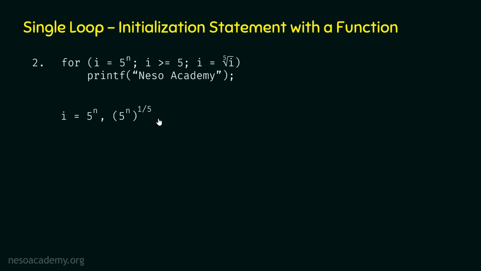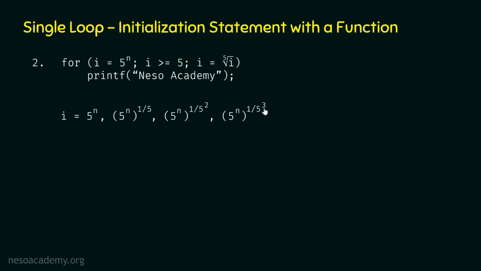The third value of I is 5 power n to the whole power 1 by 5 square, because this time we took the fifth root of this value of I. And we got this value. This is the value of I in the third iteration. In the fourth iteration, we will get 5 power n to the whole power 1 by 5 power 3.